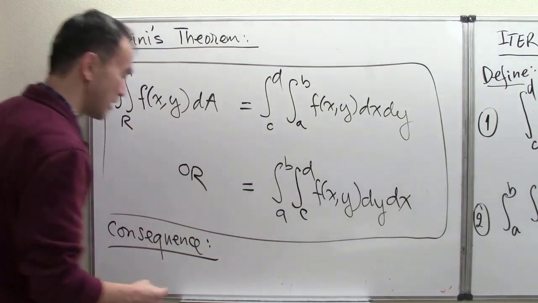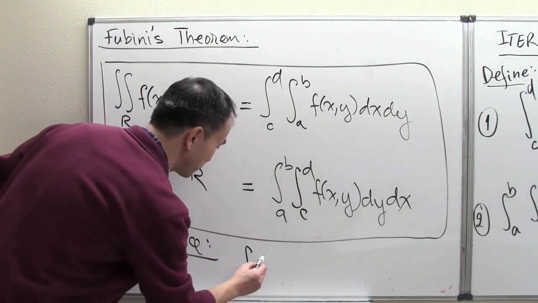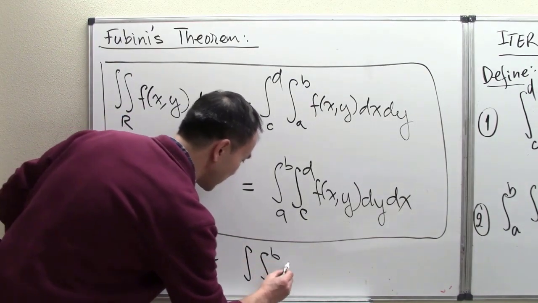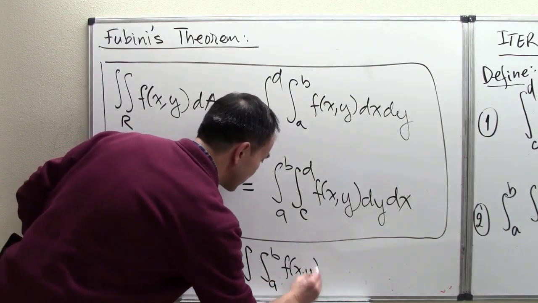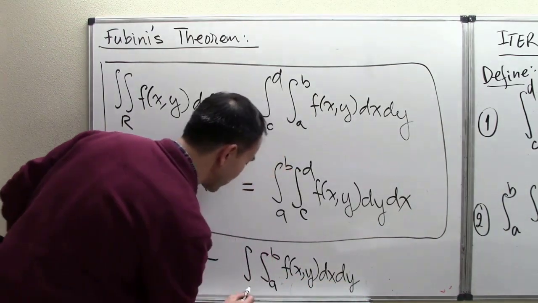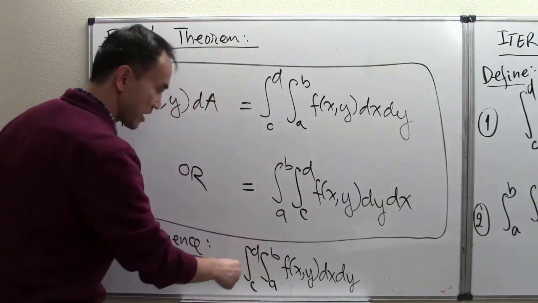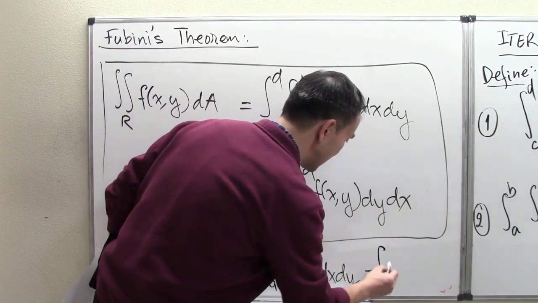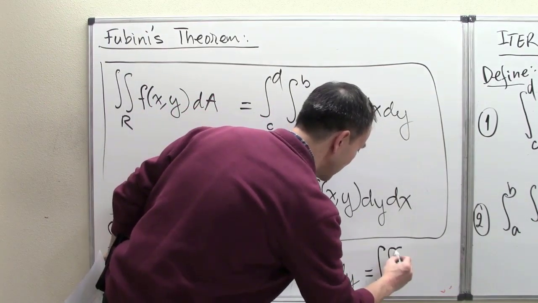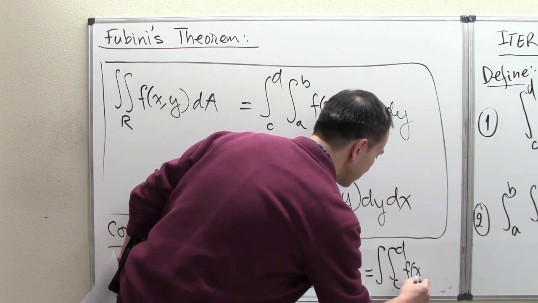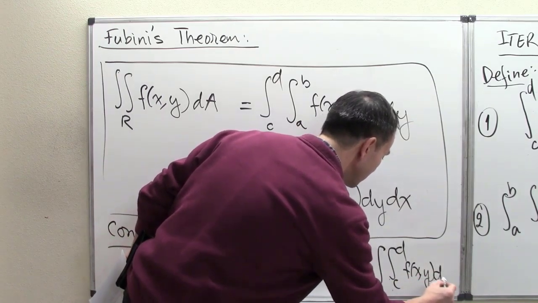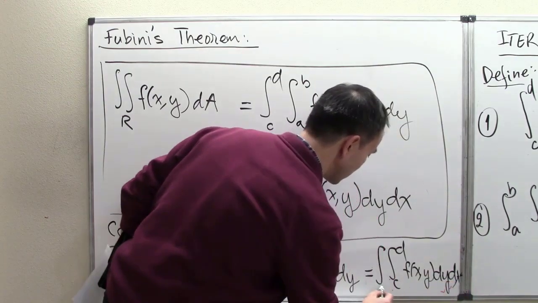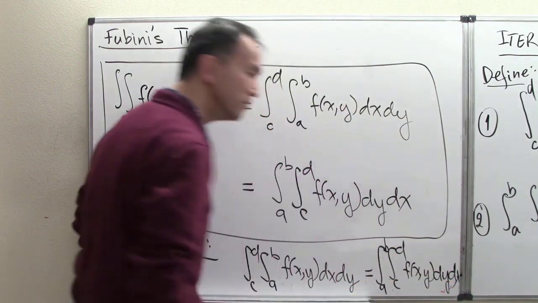But now, as a further consequence, we realize, oh wait a minute, the iterated integral from a to b on the function, with dx and then dy from c to d, is indeed equal to the other iterated integral from c to d, dy, and then dx from a to b.